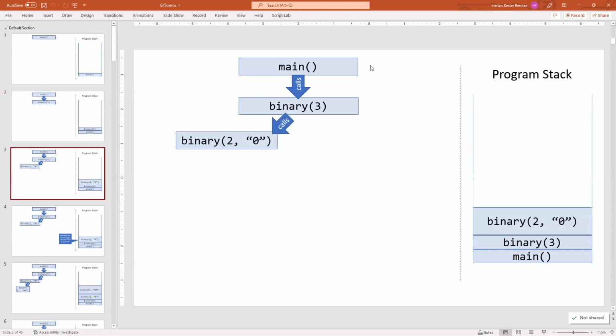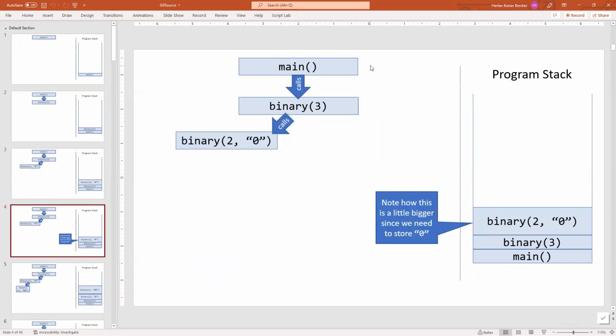Si binary 3, tatawagin niya si binary 2. And notice here, si binary 2, medyo mas malaki siya kasi kailangan niya ng additional memory to store yung ating temporary na variable.